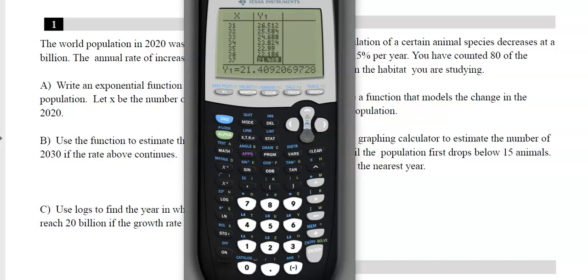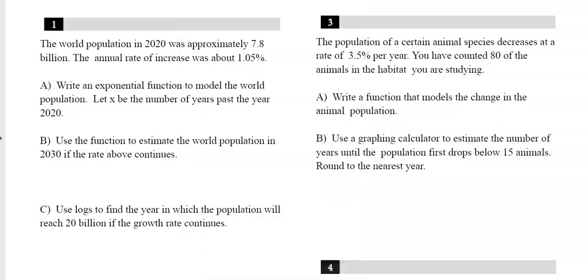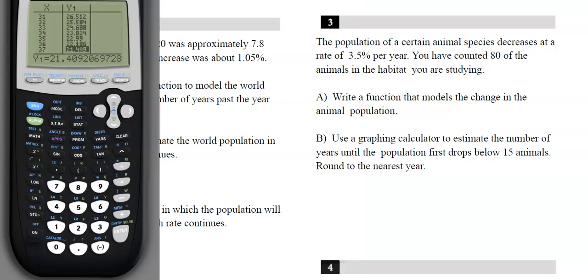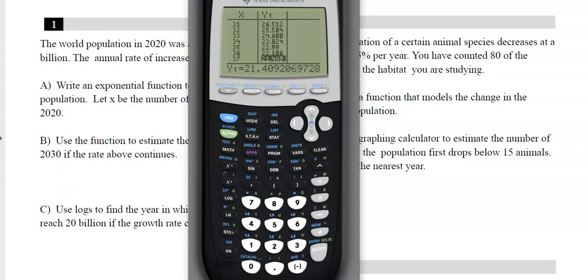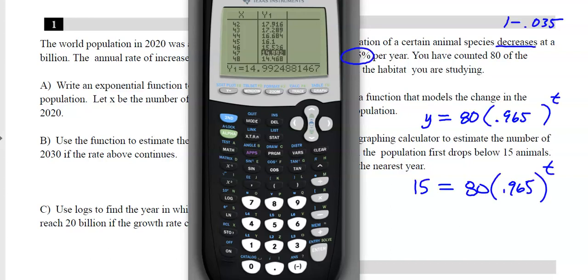Getting closer. Where'd my calculator go? Fire back up. I'm almost there. Bear with me. Right there. So it looks like from year 46 to 47 is when I dropped. So the nearest year, I'm going to call it 47.